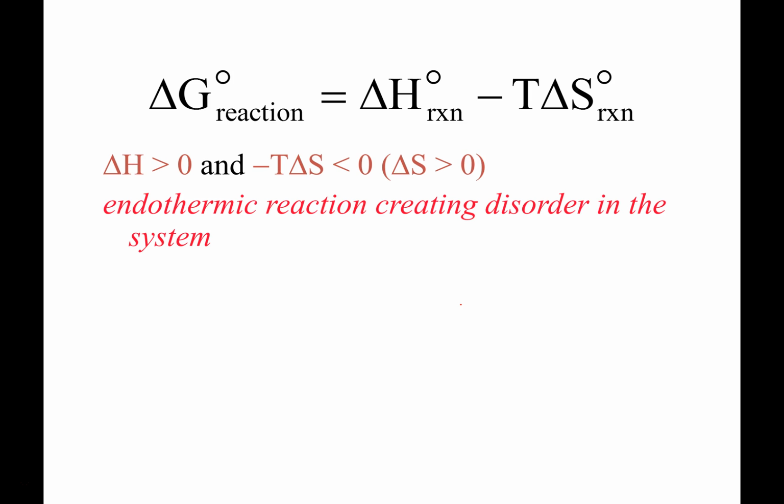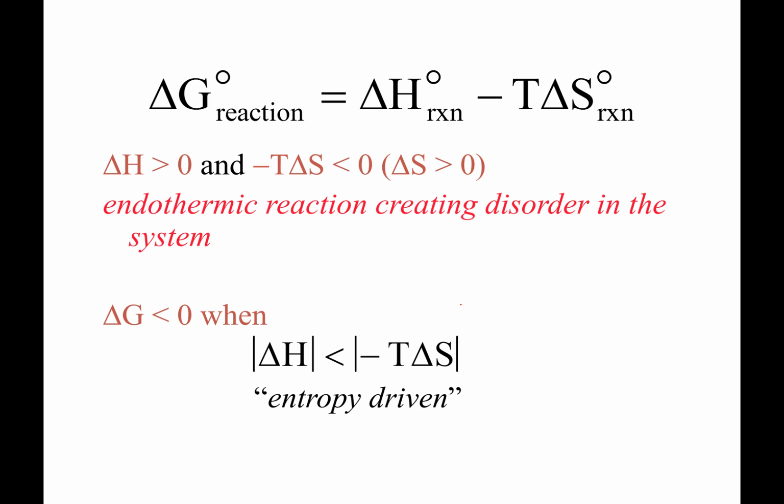This is the third of 4. Well, let's just say that it's endothermic, so you have a positive delta H. And we're going to say here that it's the dispersion of energy, so you have a positive delta S. So your delta S term favors spontaneity, but your delta H term disfavors spontaneity. Well, you could still have a spontaneous reaction.